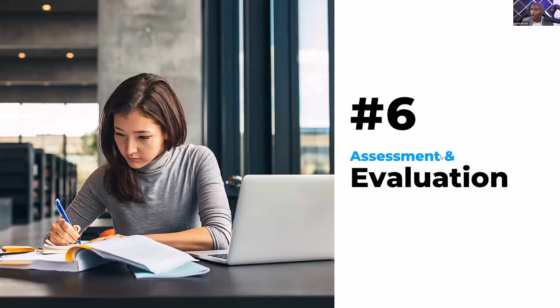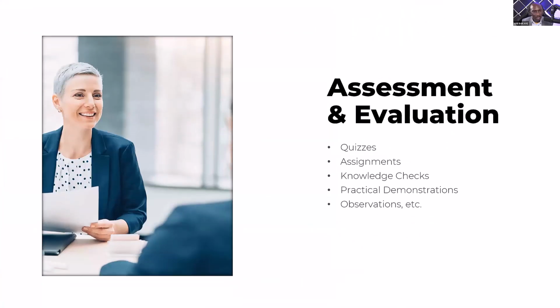Good. Next thing, of course, is assessment and evaluation. How are we going to assess the learner? At a very high level, we're thinking about how we assess learners in this course. These are a few examples of ways in which we can assess their knowledge.